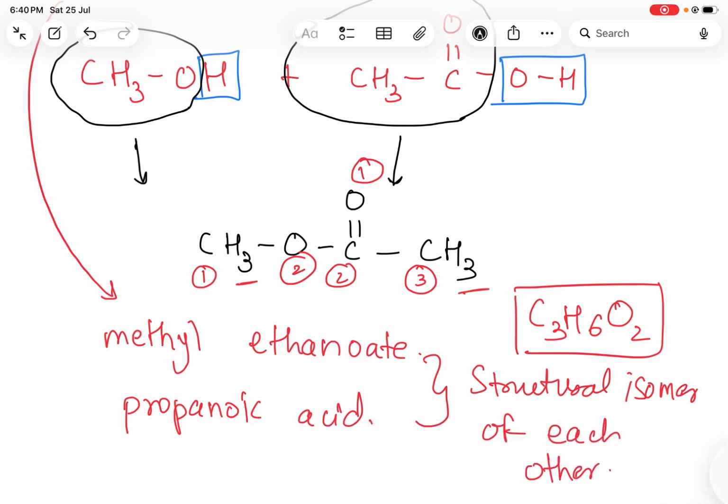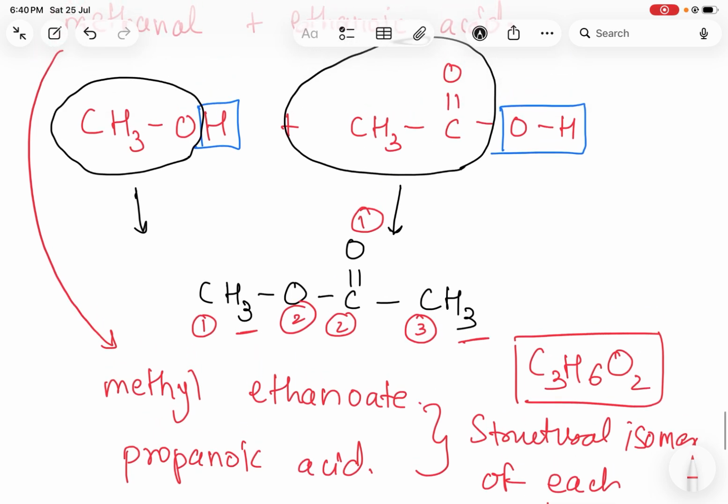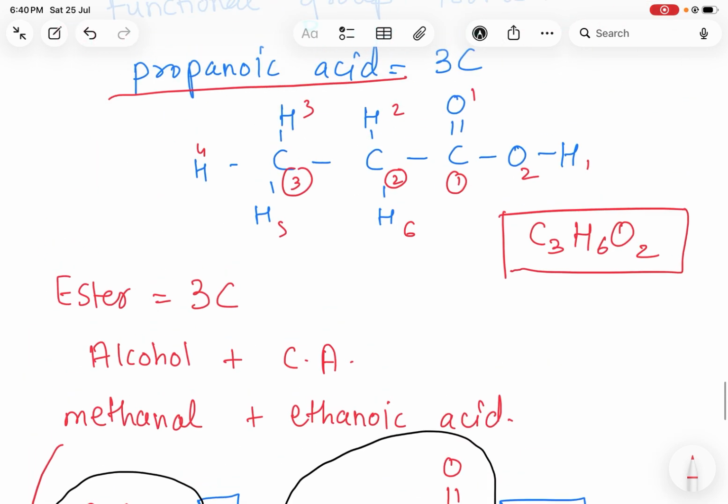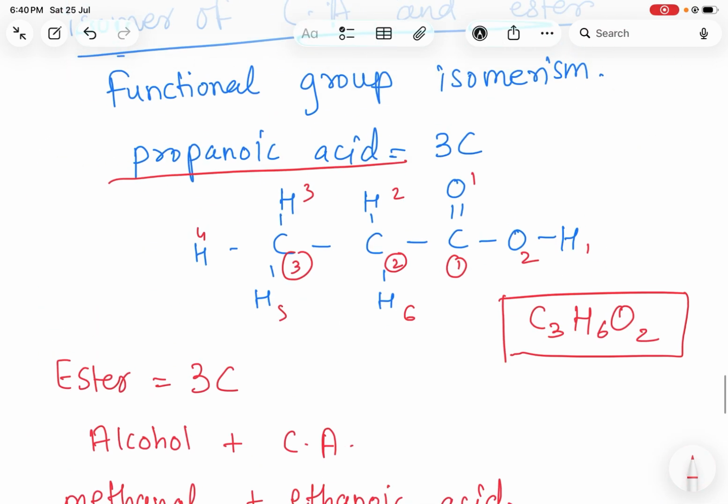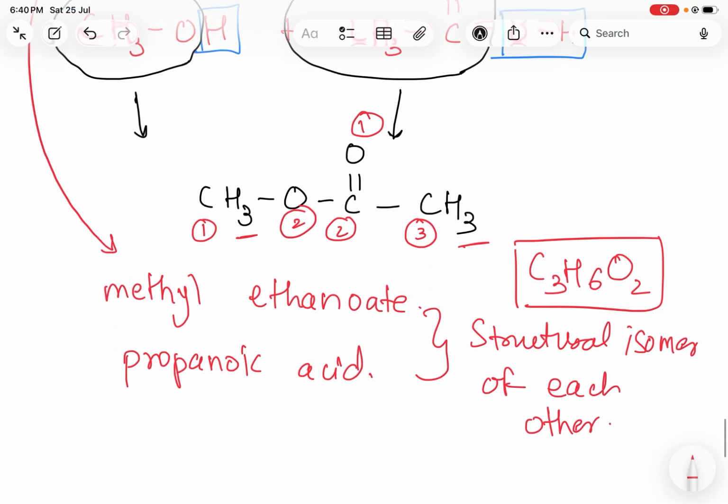Okay, so this is a perfect example where we can say the molecular formula is same, C3H6O2, C3H6O2, okay? But the structural formula for both of them is totally different.